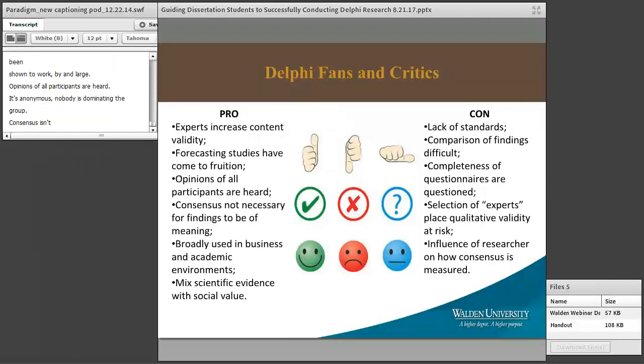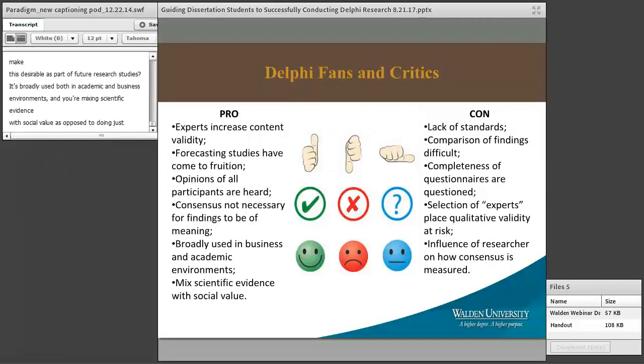As I said in the example, there wasn't a lot of consensus as to that which was desirable. So one interpretation might be, how do we make this desirable as part of future research studies? It's broadly used in both academic and business environments, and you're mixing scientific evidence with social value as opposed to doing just purely a quant analysis.